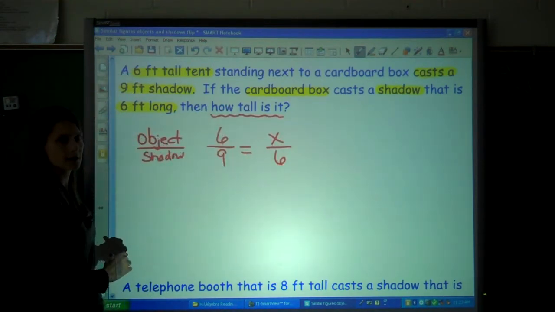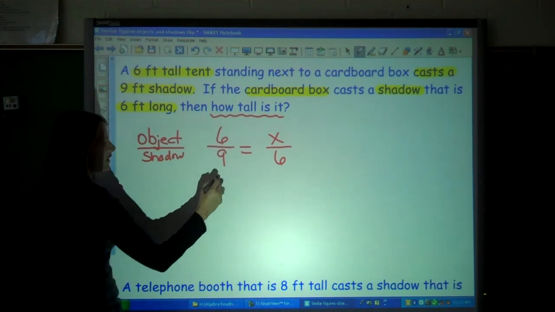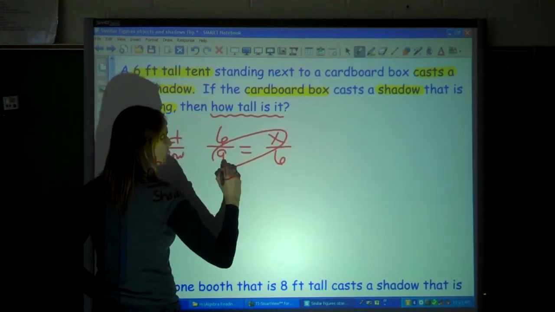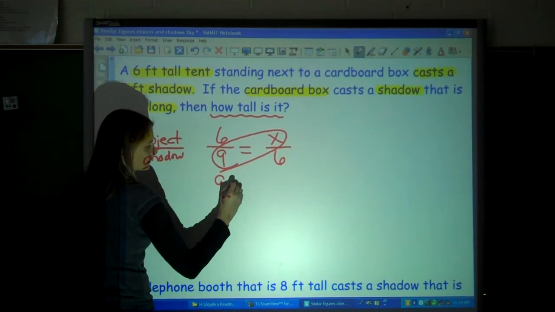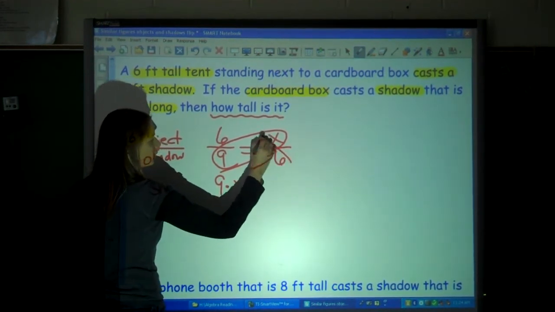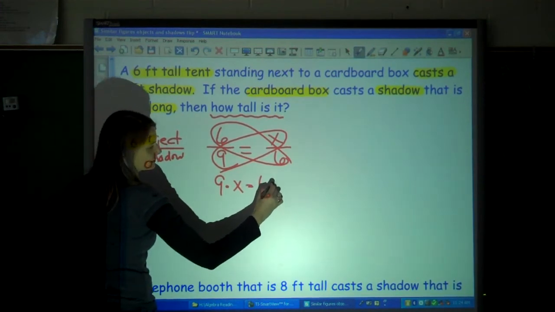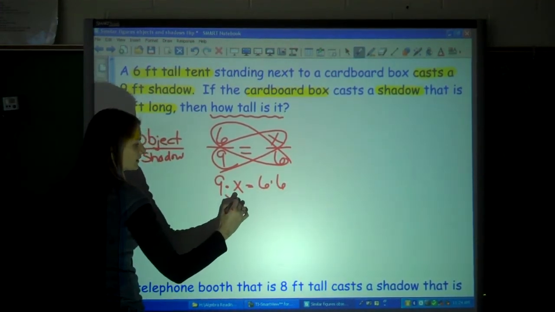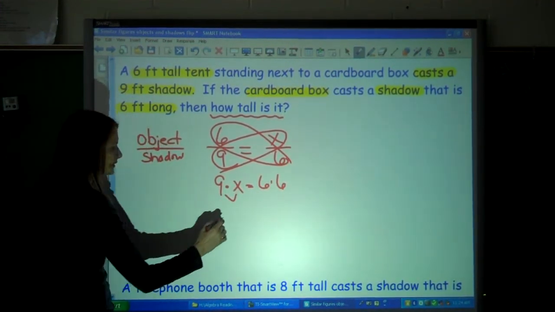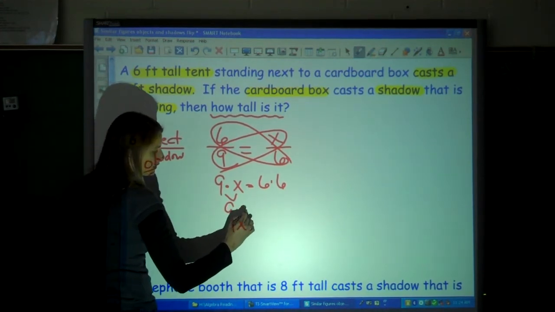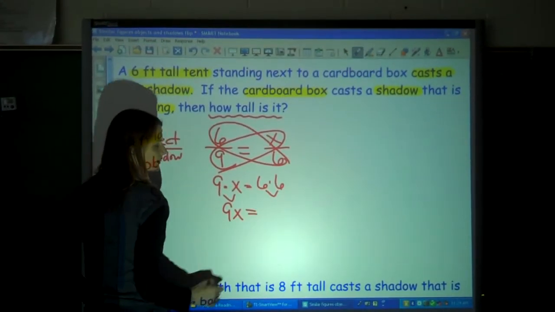And now we have a proportion, and we've learned that our means times our means, 9 times X, is equal to our extremes times our extremes, 6 times 6. And I'm going to do 9 times x, but I can't do that, so instead I write 9x is equal to 6 times 6.